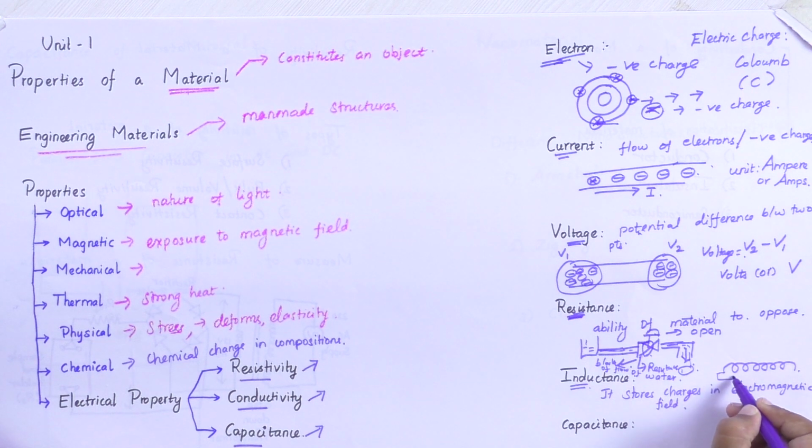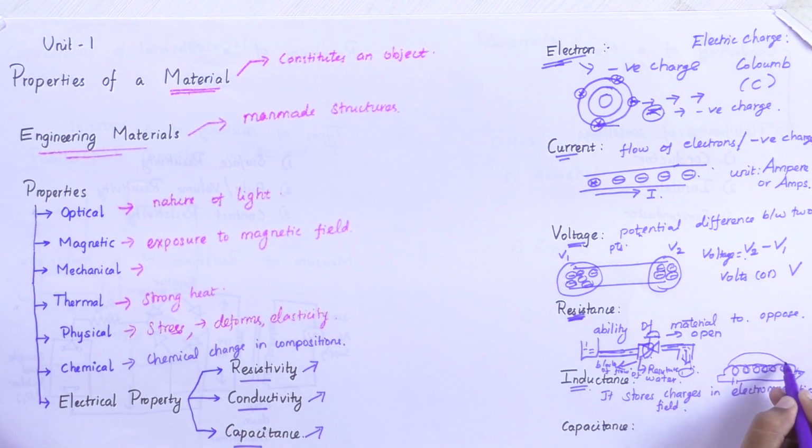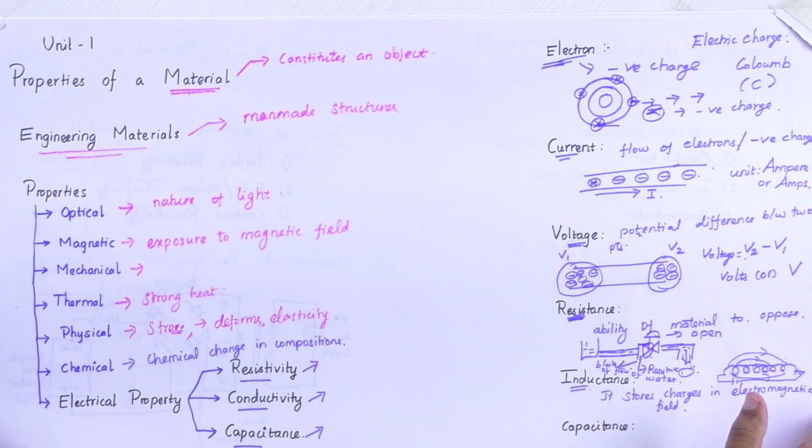When you give a supply to a coil, the electrons flow through it and it generates a magnetic field. A magnetic field also gets generated in this coil. So the electric field is flowing and the magnetic field is also flowing, so an electromagnetic field will be generated.